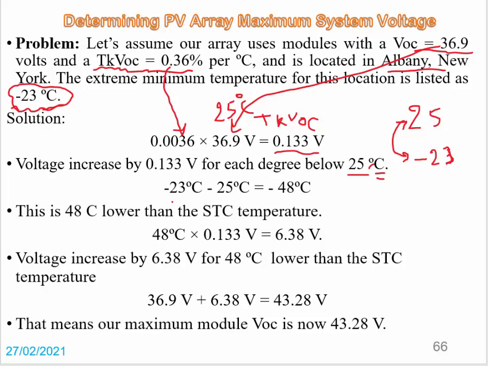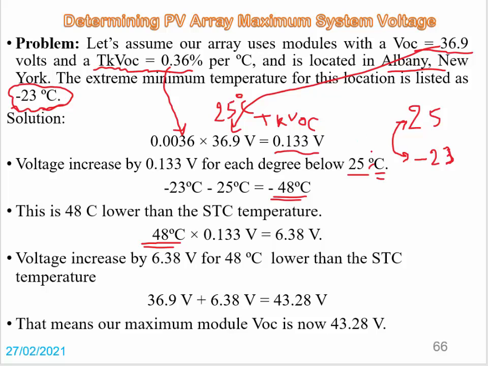To calculate the difference, we say minus 23 minus 25, so the difference is minus 48 degrees Celsius. Each degree produces 0.133 volt, and we have 48 degrees Celsius.